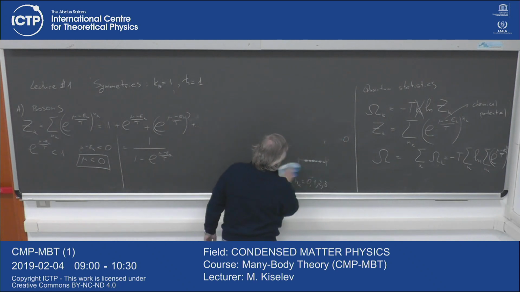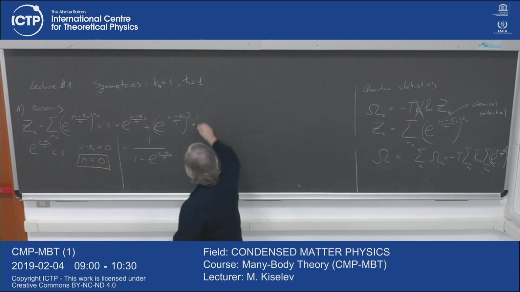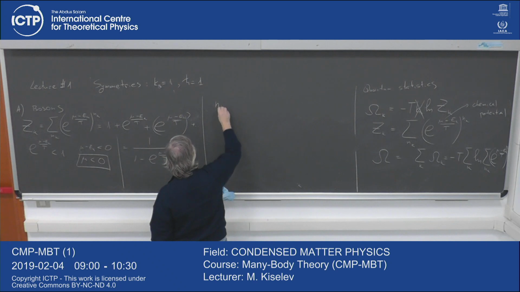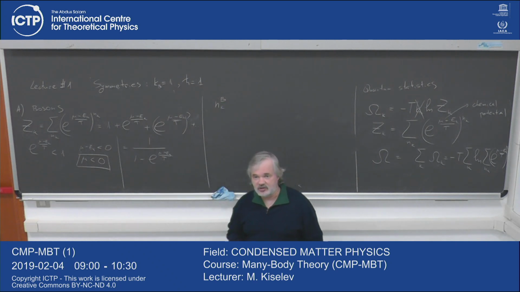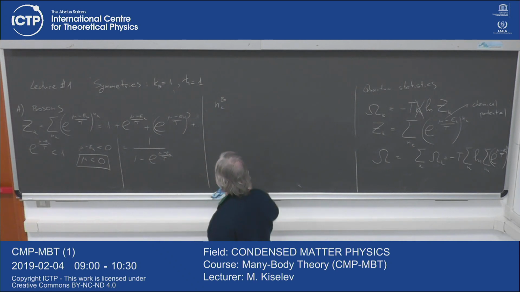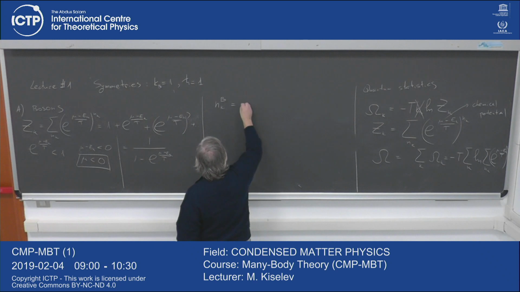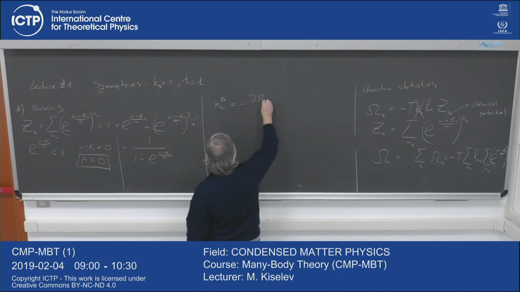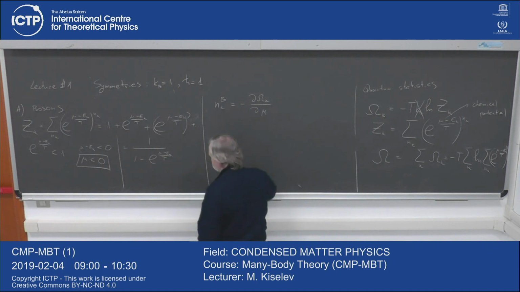Now, the distribution function n k of bosons, which characterizes the average occupation number, is defined as minus d omega k over d chemical potential.